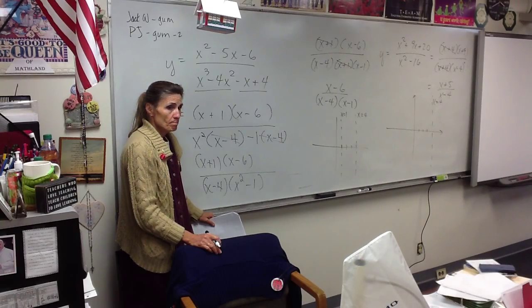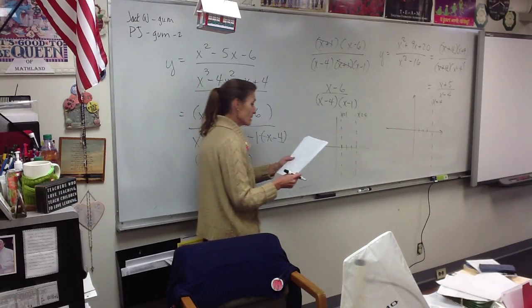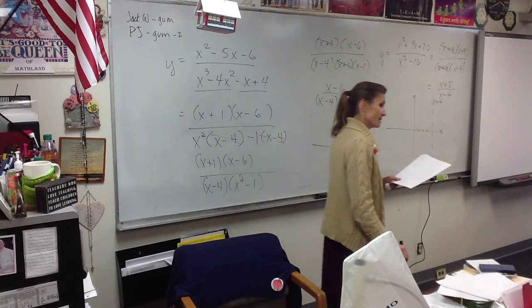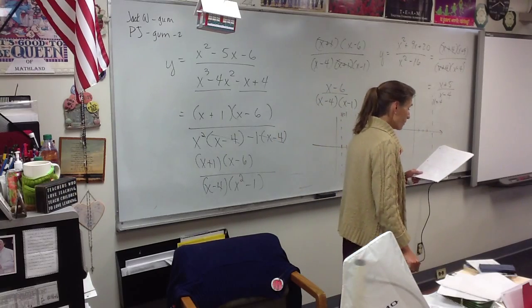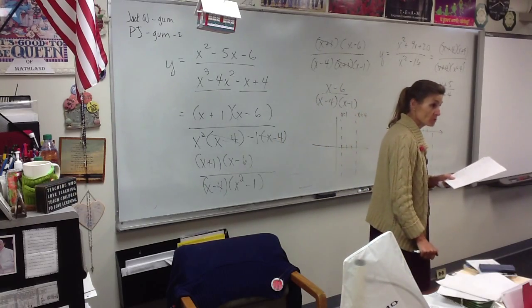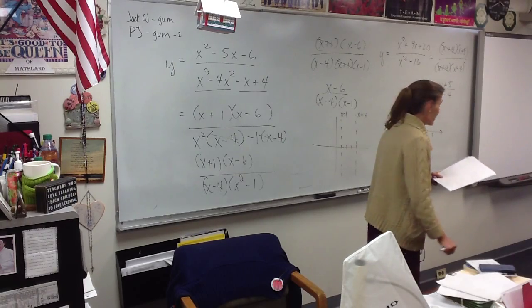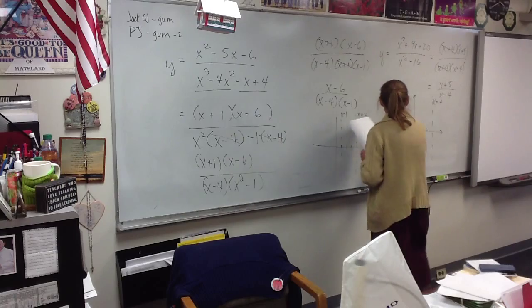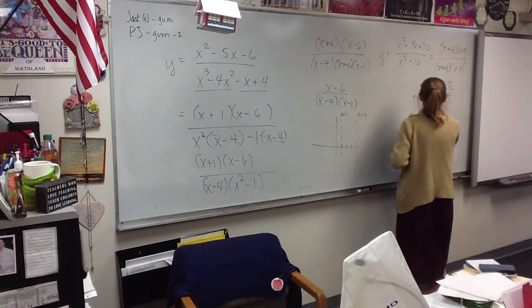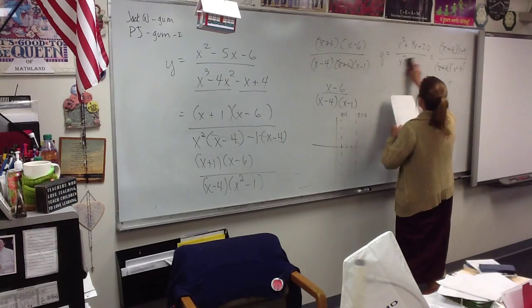Got it? Because now look at number 4. We're going to add to this. Now we're finding vertical asymptotes, but also horizontal. The vertical we already know how to do.